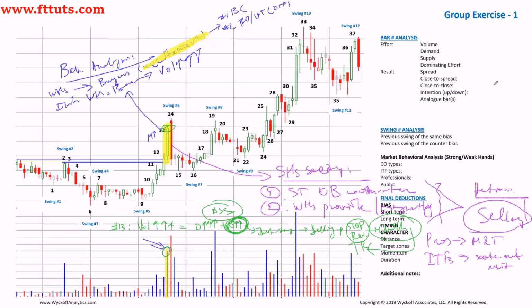Again, it seems like, is it really possible to analyze it like this? Are we looking at the chart and only because we see what has happened, we could analyze like this? Well, obviously, we're going to know at bar number 38 if we could do this or not.